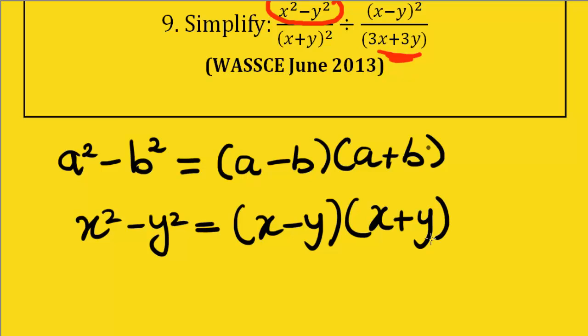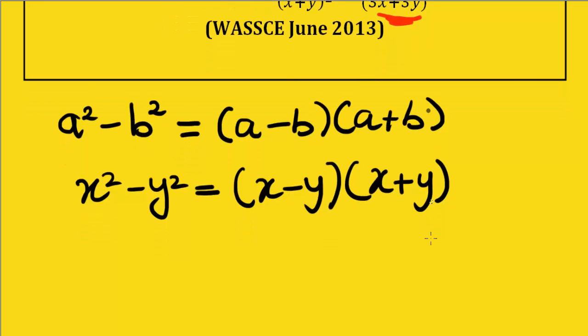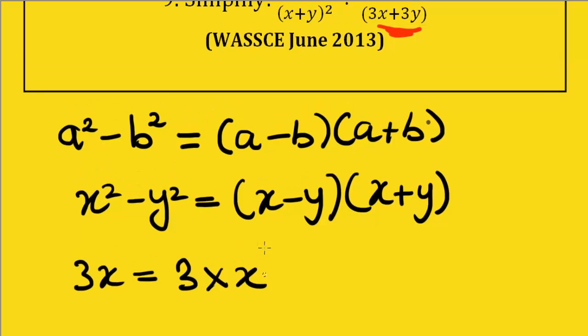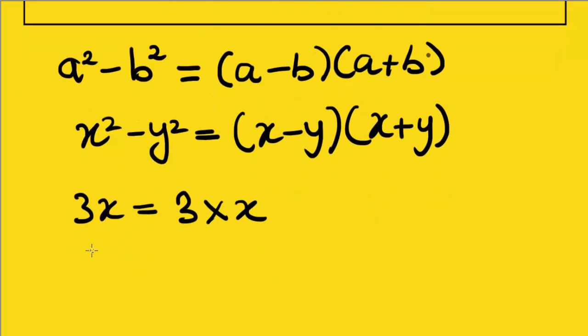Looking at the expression as well, 3x plus 3y can be factorized. If you consider 3x as a product of prime numbers and like variables, it can be written as 3 times x, and 3y, similarly, can be written as 3 times y.